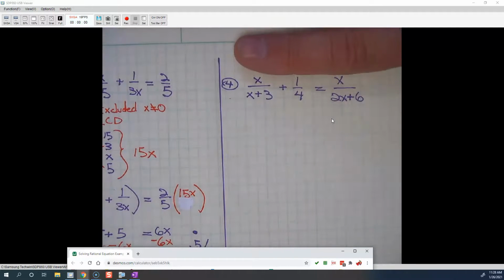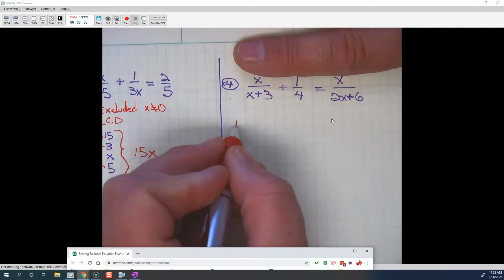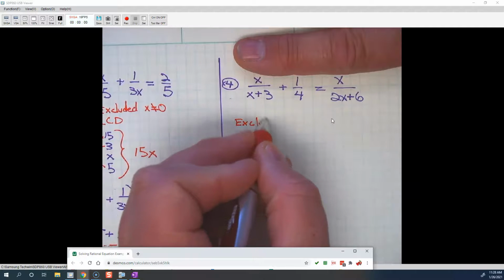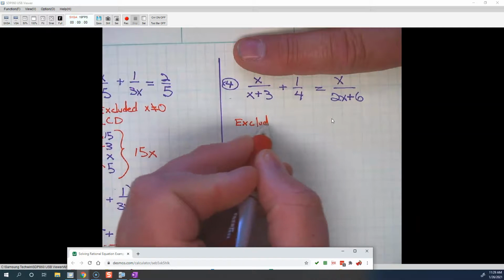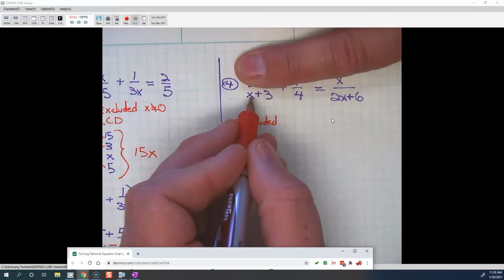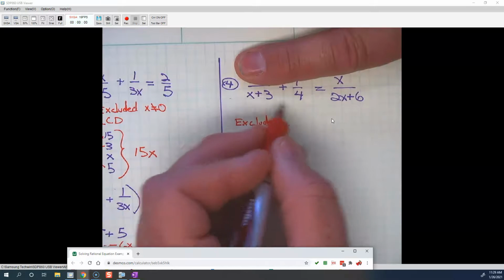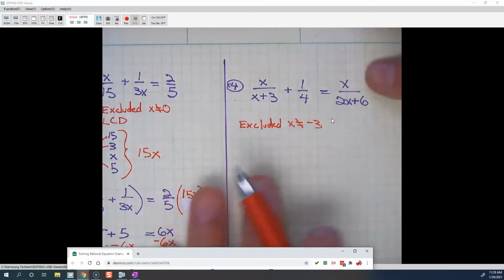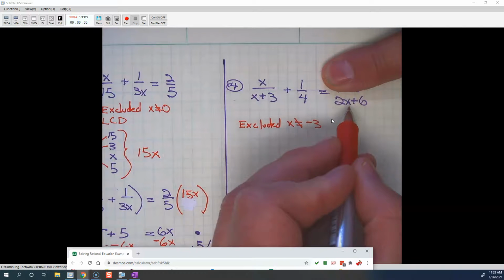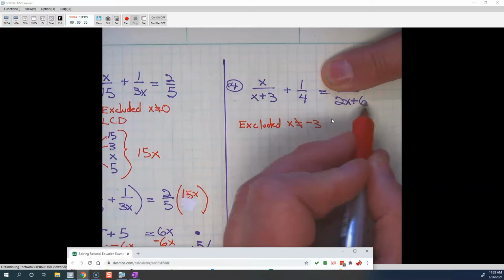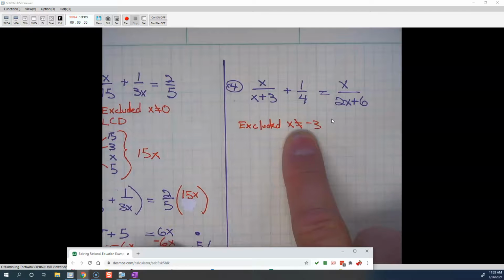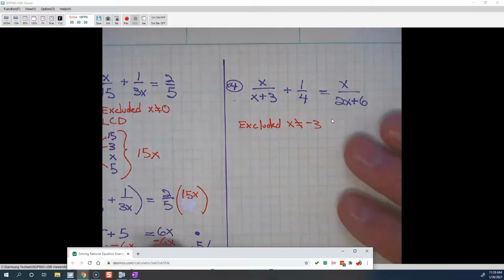All right, so first, excluded values. Negative 3 would make this denominator 0. Over here, if x was also negative 3, you'd have 2 times negative 3 plus 6, that would be 0. So that is your only restricted value. That can't be an answer.